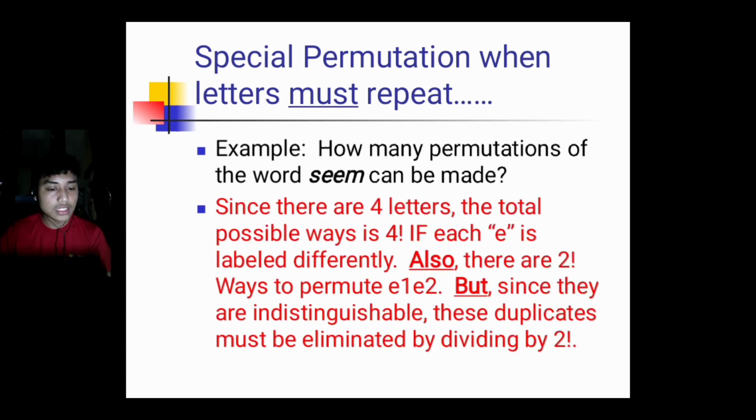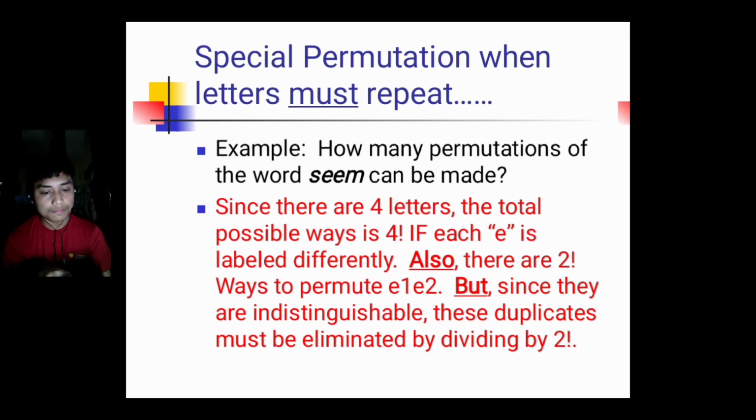Let's say, since there are 4 letters, the total possible ways is 4!. If each E is labeled differently, there are also 2 ways of permuting E1 and E2, but since they are indistinguishable, these duplicates must be eliminated by dividing by 2. Kasi dalawa yung E eh.